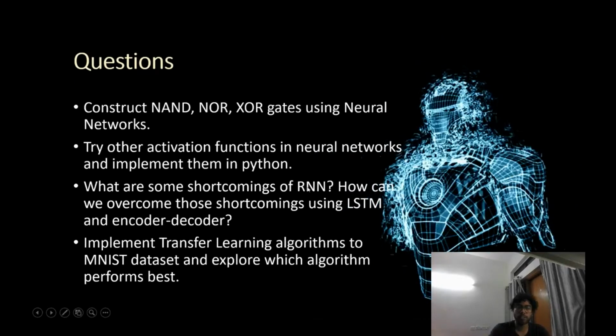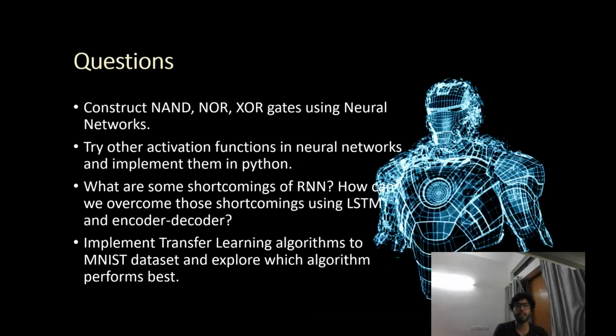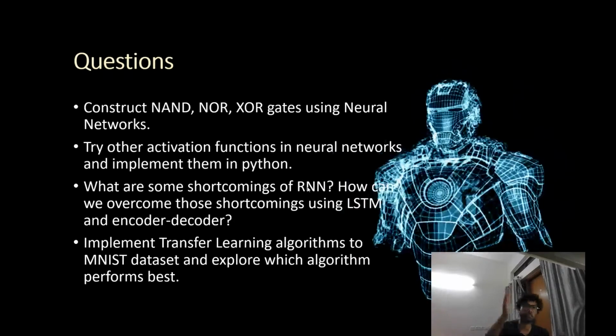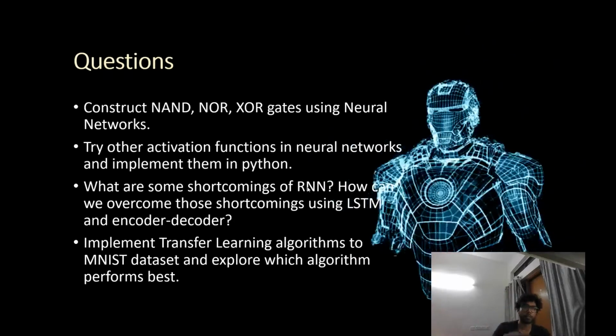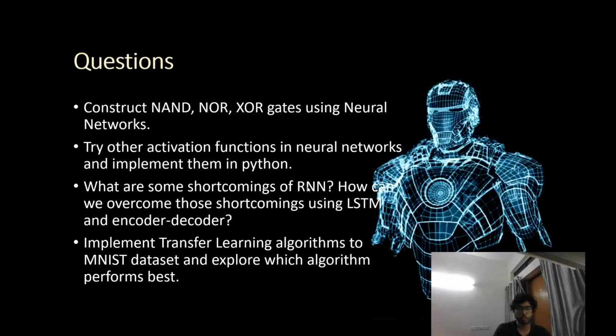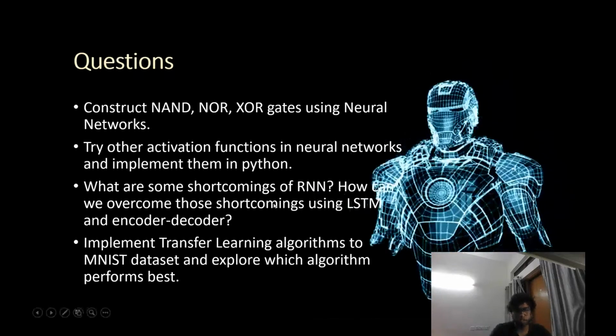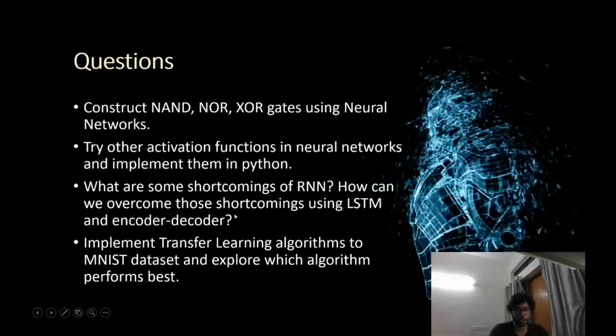So what are the shortcomings of RNN? Look at the vanishing or exploding gradient problem, right? When you feed back your model with the previous data, it can blow up if your weights are not optimized, or it can vanish. Those are some of the shortcomings. How are those shortcomings overcome? They are overcome using LSTMs and the decoder method.